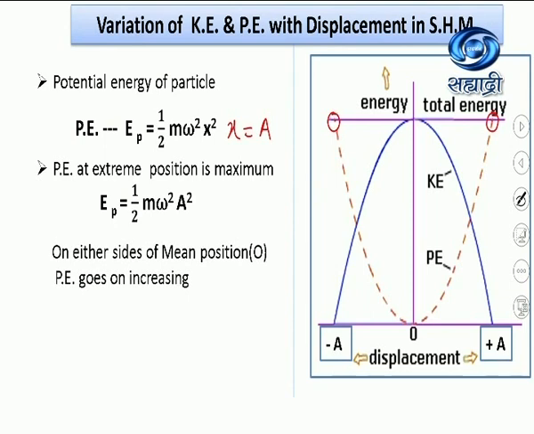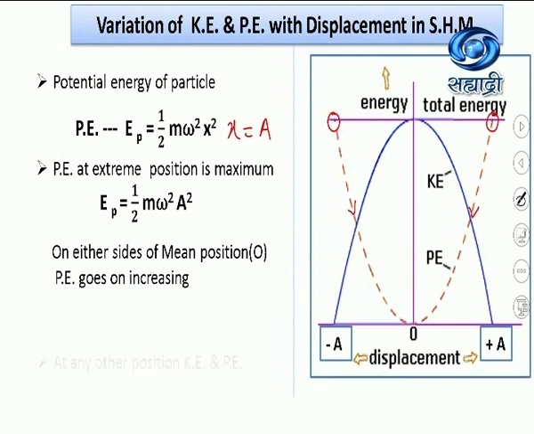Then if we observe the graph on either side of O, it is clearly seen that from extreme to mean position, the potential energy is going on decreasing. And vice versa, away from the mean position on either side towards the extreme, the potential energy is going on increasing.